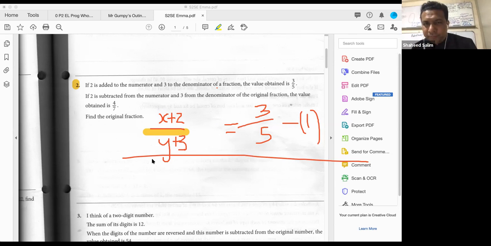Please solve it. You try, see whether you can. Actually, this number 2, they put it as a little bit tough. But you see, can you do it? You got to make it a non-fraction. That is the clue.